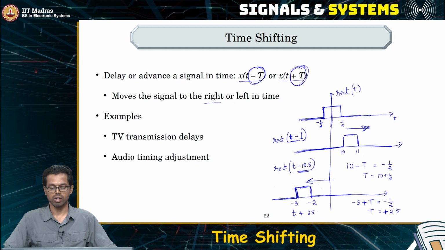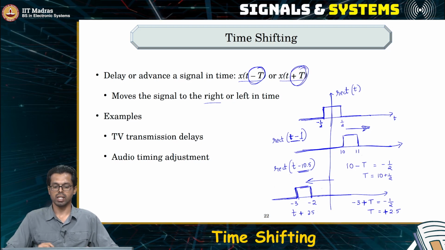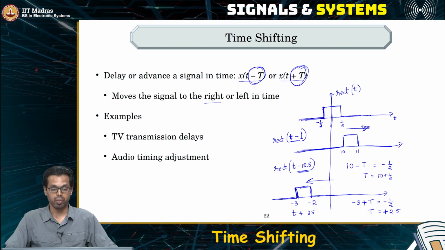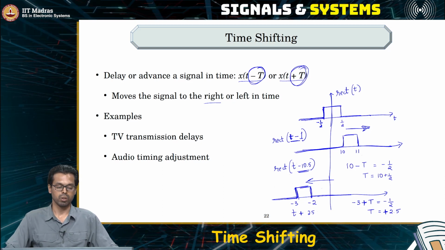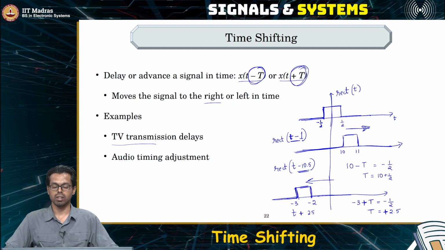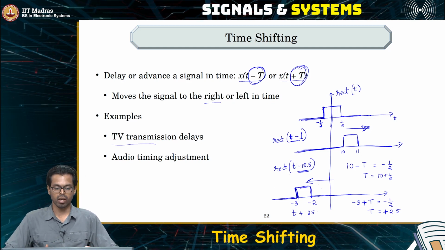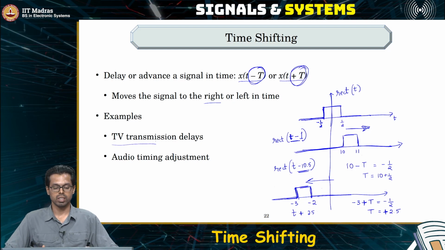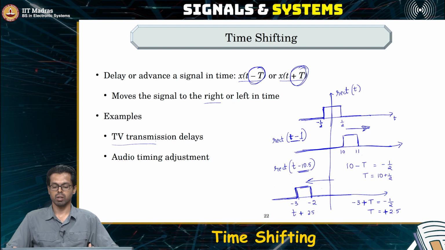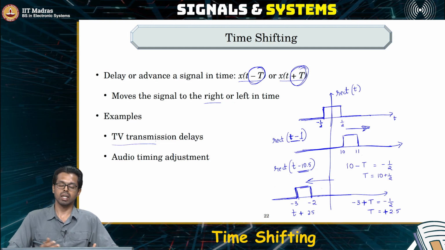Now, where do we see this in practice? We already saw earlier, let's say we want to model the signals that are flowing in a USB port or a serial port. Often it appears in very different scenarios. You might have seen TV transmissions. Let's say you had a satellite connection and you are watching a match. It might so happen that you would see the match signals coming in your phone much earlier than in your TV.